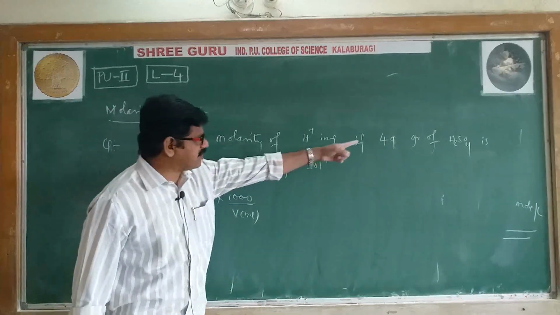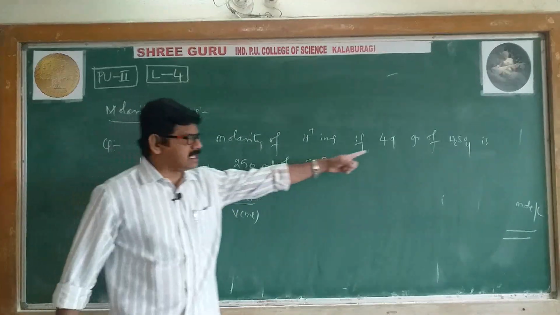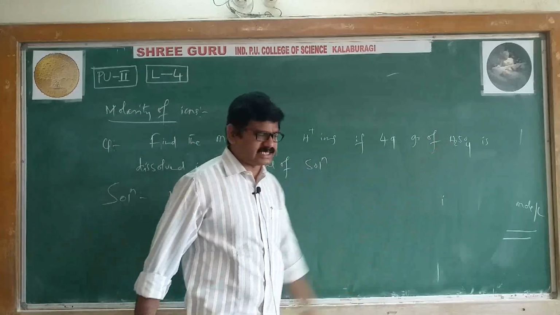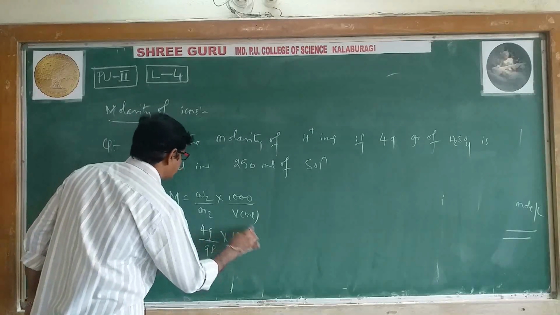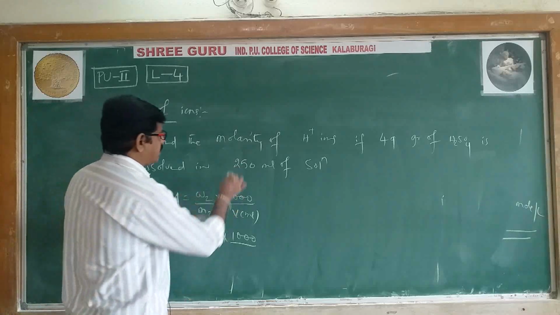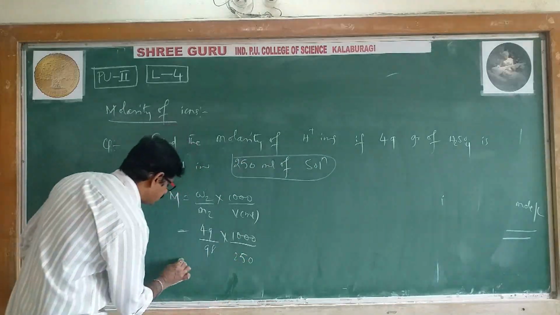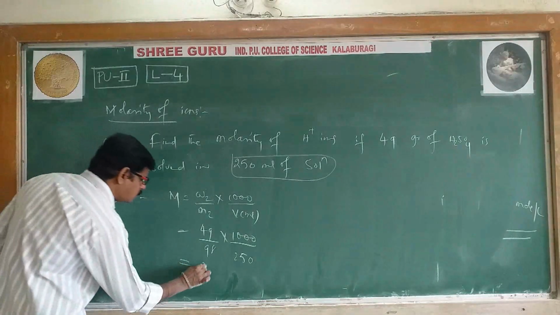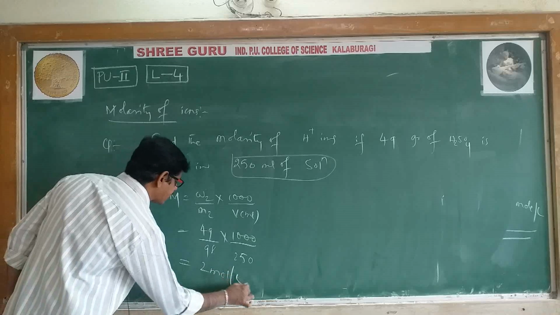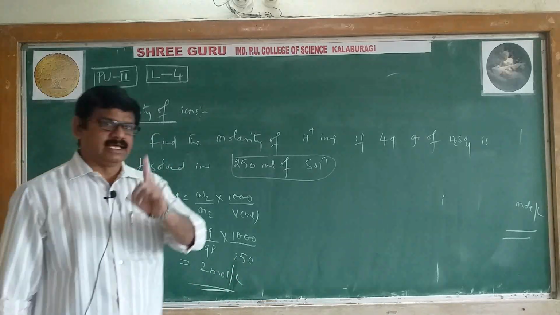Mass of solute 49 grams divided by molar mass of solute H2SO4, 98, into 1000 divided by the volume of solution, 250 milliliters. If you do the simplification, you will get 2 mole per liter. 2 mole per liter is the molarity of sulfuric acid.